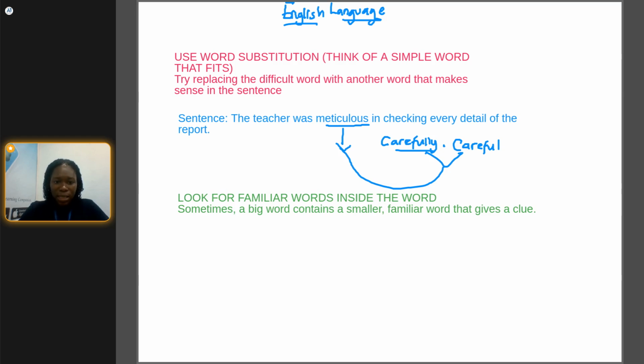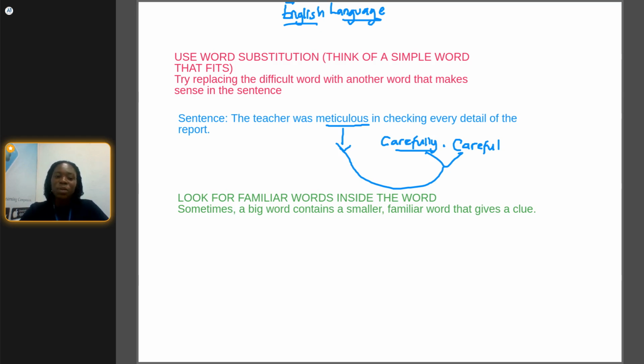But let's look at this example. It says: our analytical approach to solving problems made her an excellent researcher. Our analytical approach to solving problems made her an excellent researcher.